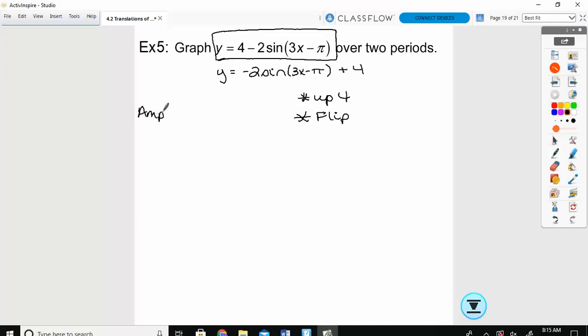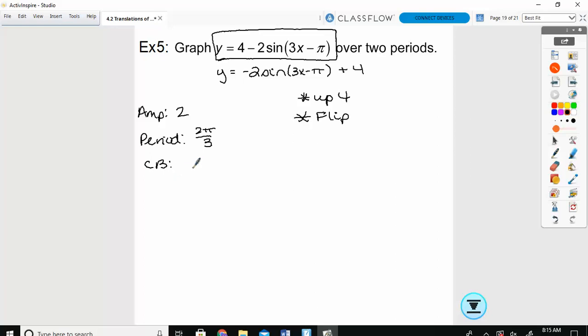All right, amplitude is 2. Period: 2 pi divided by 3.